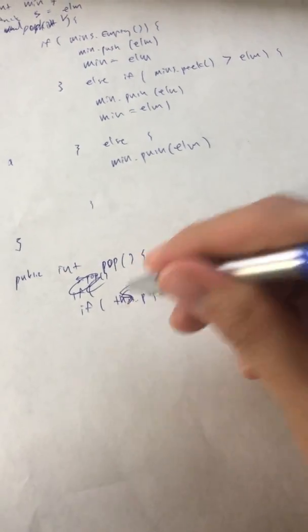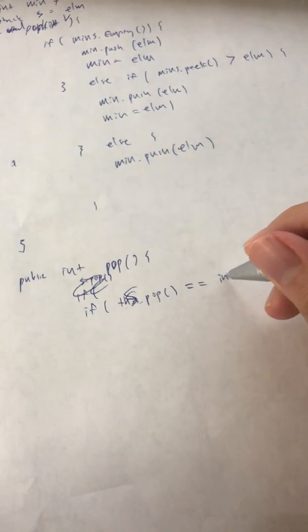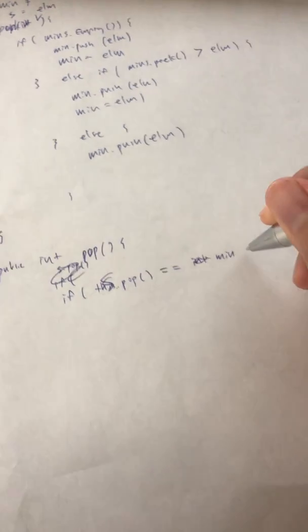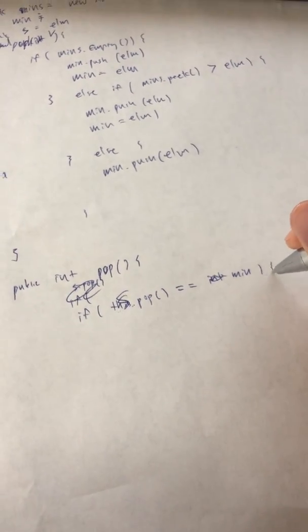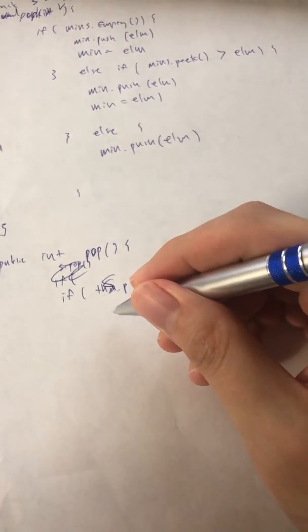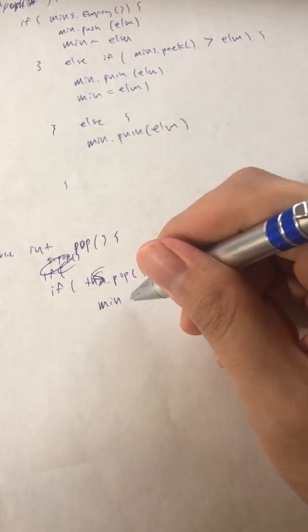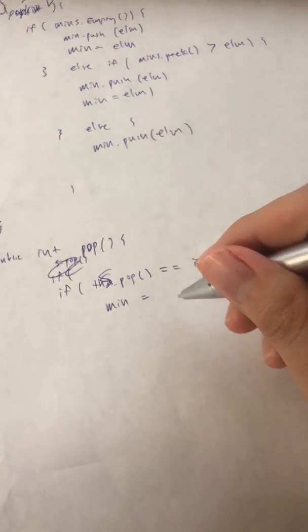So s.pop is the same as min element. So if the element that I'm popping is the minimum element, I'm going to reassign min.